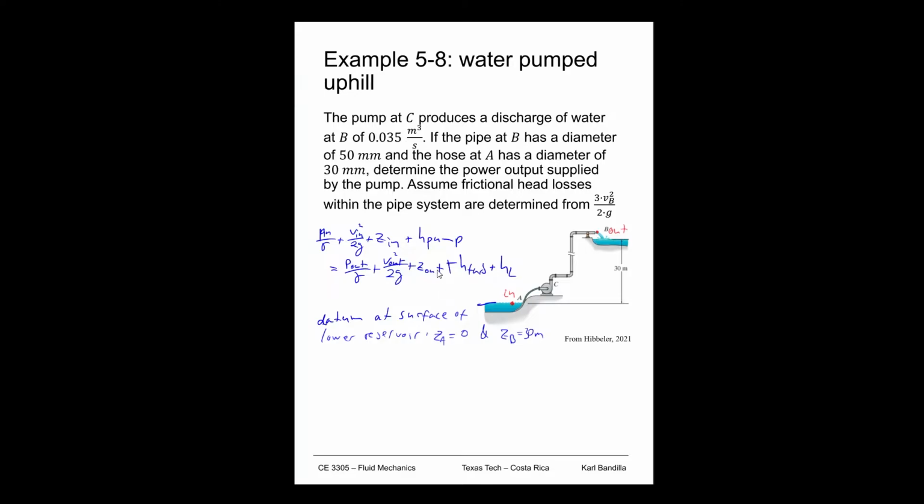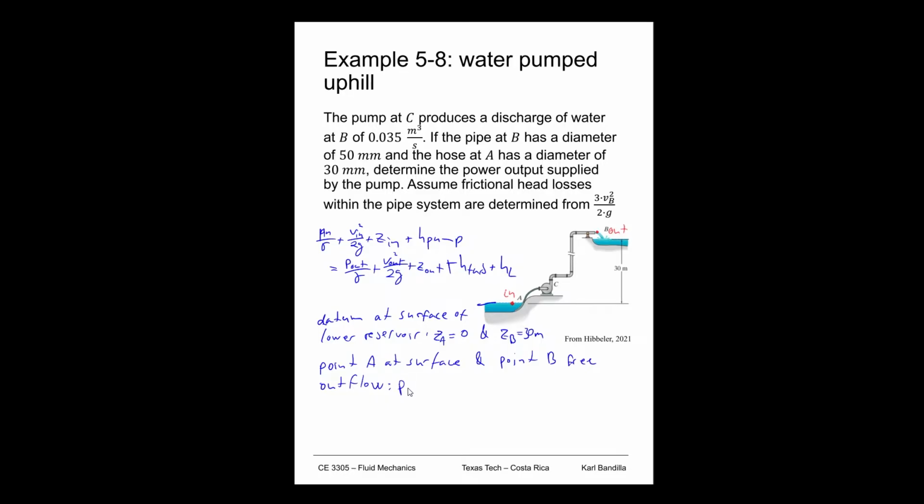So then we can also look at the pressures. Now point A is at the surface of the reservoir, and point B is a free outfall, so both of those are going to be 0. So we can say point A at surface and point B free outflow, which means that both of them are going to be 0.